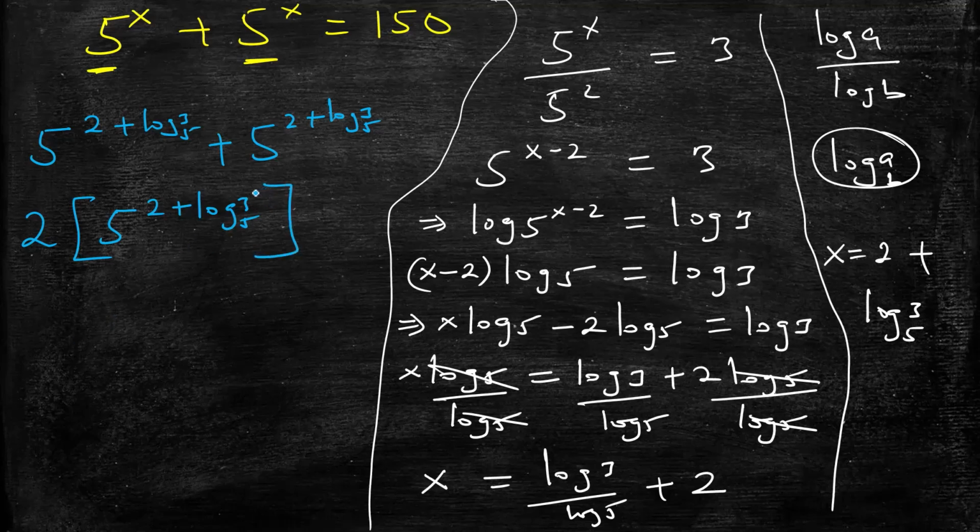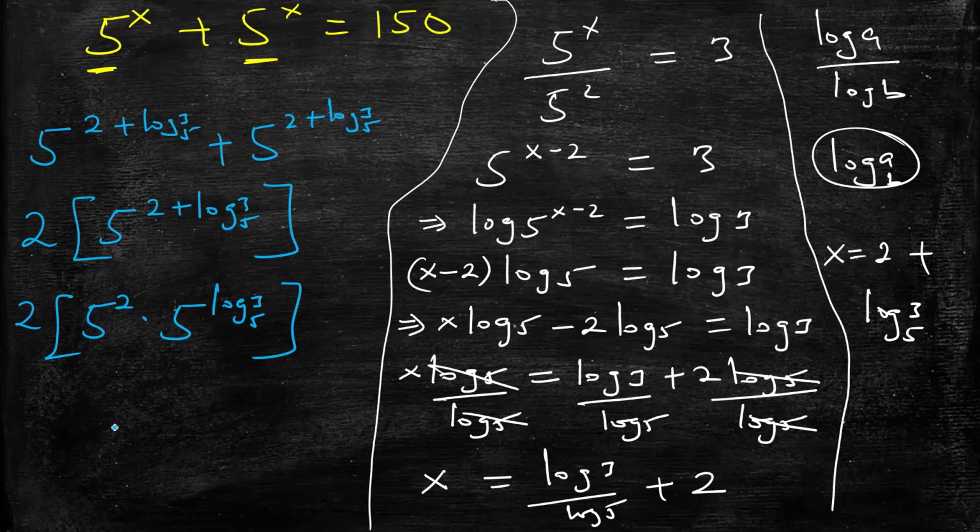Now this one, since we have the base as 5, we can go ahead and split this into 5 to the power 2 times 5 to the power log 3 to base 5.